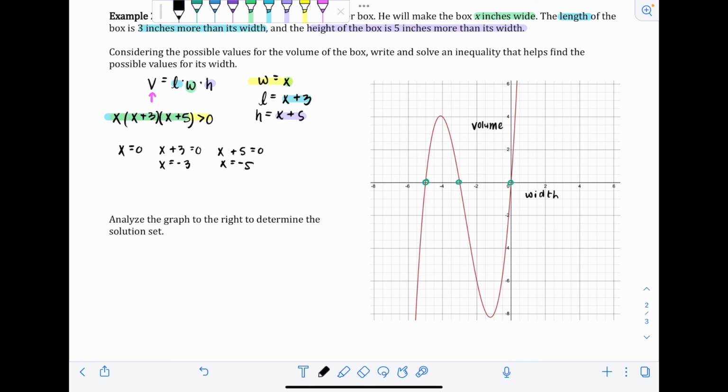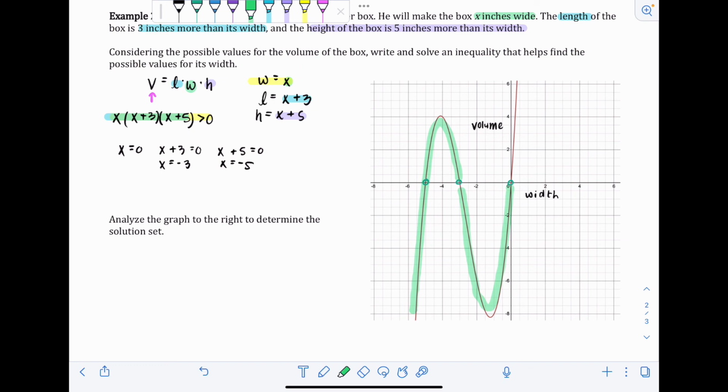And if it doesn't make sense to have a negative volume, then only a very limited part of our graph is valid here. So we can't have a negative volume, meaning this whole section of the graph all the way back here. We also can't have a negative width for that matter. So all these parts that have a negative width and especially negative volume aren't a part of the solution set for this specific problem.